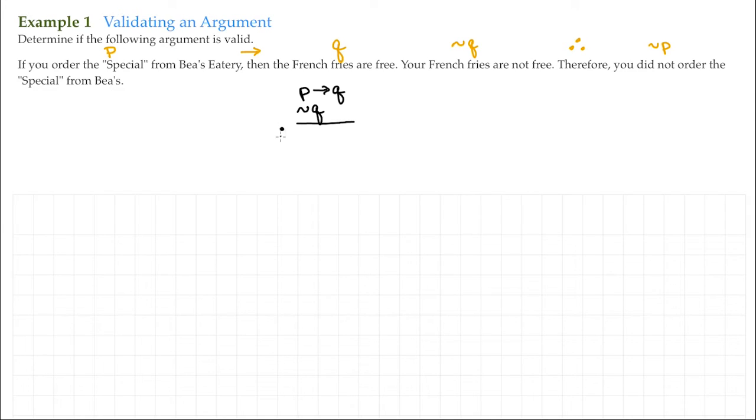Then we put in the conclusion, not P. So now I'm going to go ahead and put in these standard values, P and Q. There's only two. And then we could see that we have a not P and a not Q. So I'm going to go ahead and put those in.